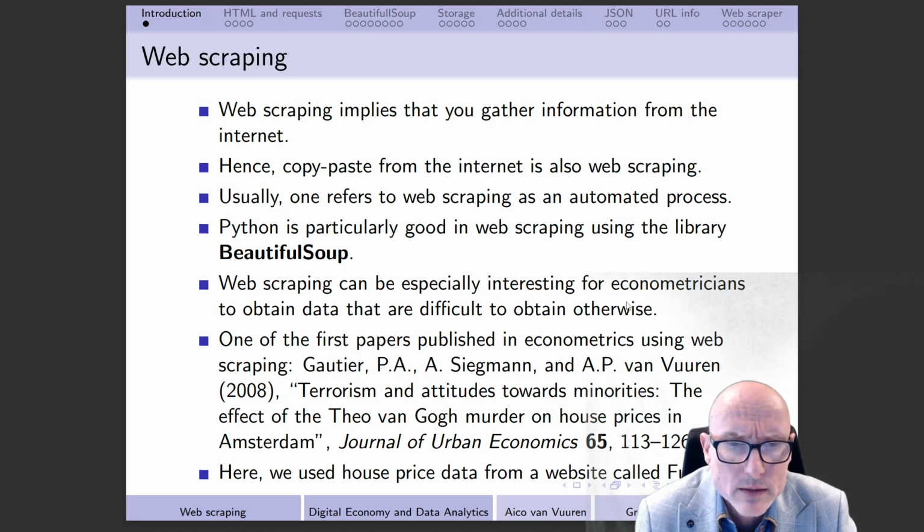It's a website that has all the houses for sale in the Netherlands. So when you would like to buy a house, you usually go to Vanda.nl. However, it's also an interesting website for web scraping, because you get not just price data of houses, but also additional information like the size of the house and the location of the house. And that we used for this particular project.